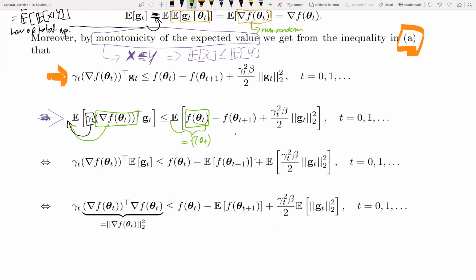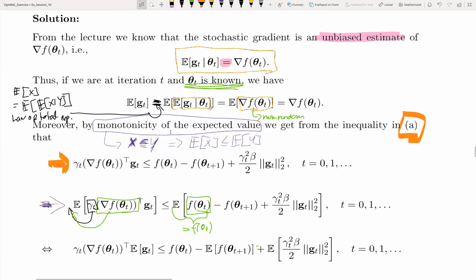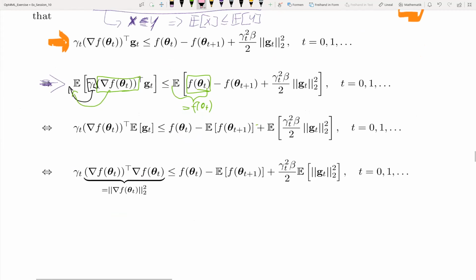Let's go further. We know that the stochastic gradient is an unbiased estimate, and also that its expected value is equal to the full gradient if we are in the case theta t is known.